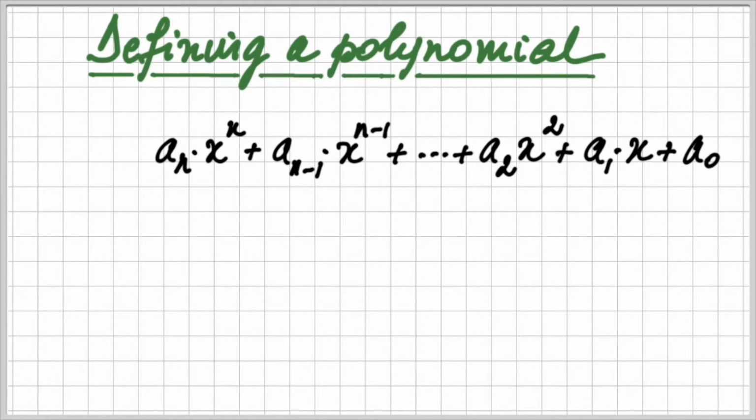So finally we arrive at the end of the polynomial. We find a2 times x squared plus a1 times x to the power 1, which is of course equal to x, plus a0 multiplied with x to the power 0, which is of course equal to 1, and we find the last term being a0.